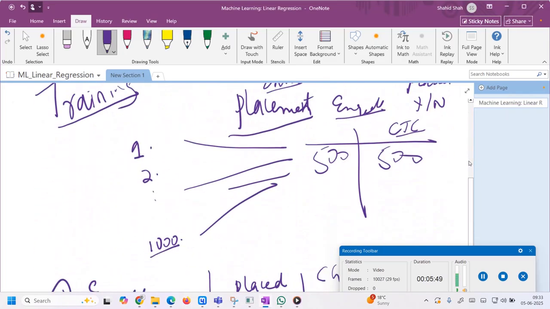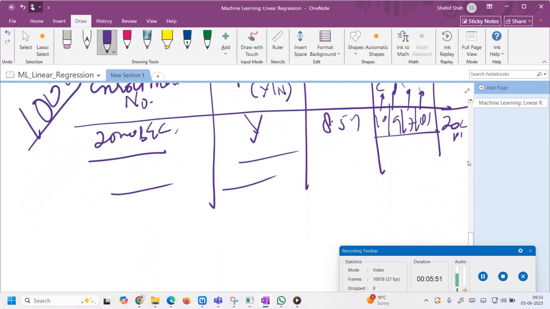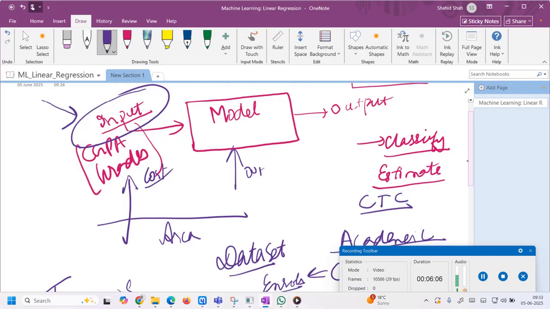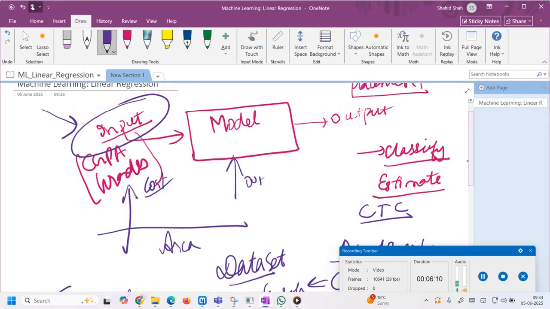That is, for example, you take the student number 1, will tell you that it has 8.54 CGPA, it has these different grades in different subjects, he or she is placed and has 20 lakh per annum salary. Similarly, we will tell our model, will feed it 500 data points like this.